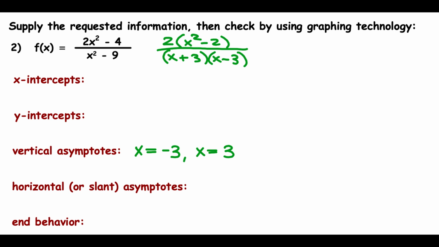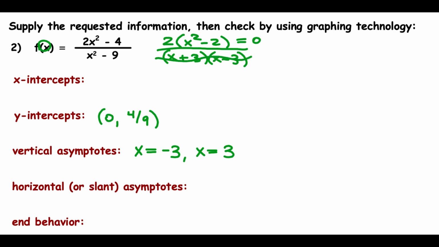Let's grab some x and y intercepts. The y-intercept, I think, is easy to see. If you make x 0, you'd be left with positive 4/9, because the negatives will cancel out. And for the x-intercepts, you'd have to set y equal to 0, which really means you're just setting the numerator equal to 0. The denominator won't matter.